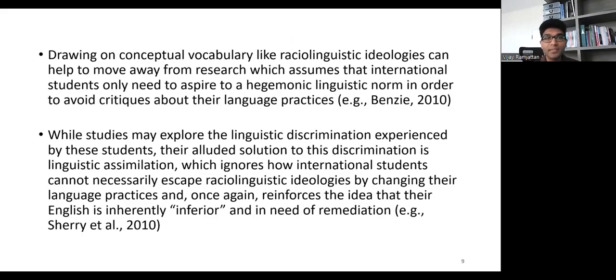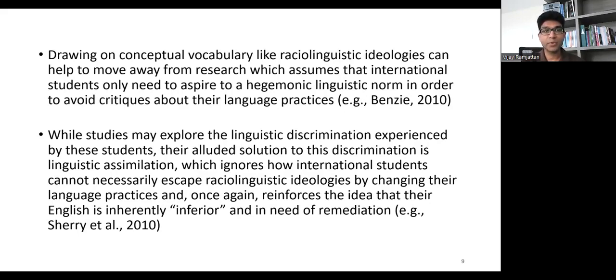So I think drawing on conceptual vocabulary like racial linguistic ideologies can help to move away from research which assumes that international students only need to aspire to a hegemonic linguistic norm in order to avoid critiques about their language practices.